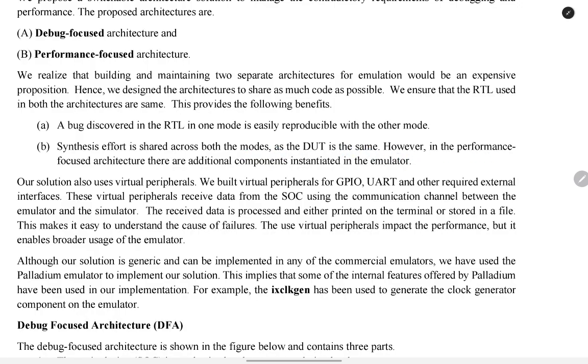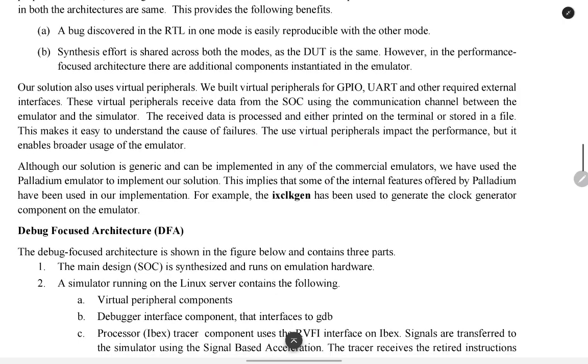However, in the performance-focused architecture, there are some additional components instantiated in the emulator. Our solution also uses virtual peripherals. We built virtual peripherals for GPIO, UART, and the other required external interfaces. These virtual peripherals receive the data from the SoC using the communication channel between the emulator and simulator.